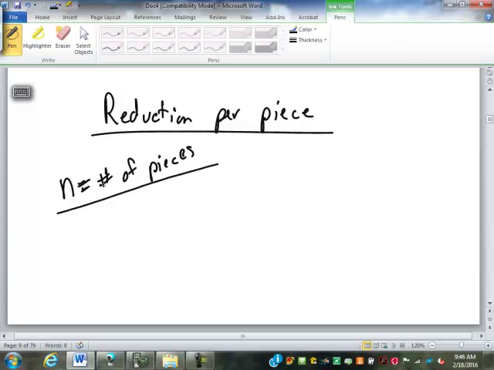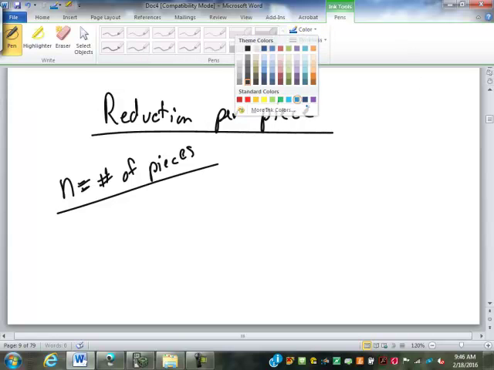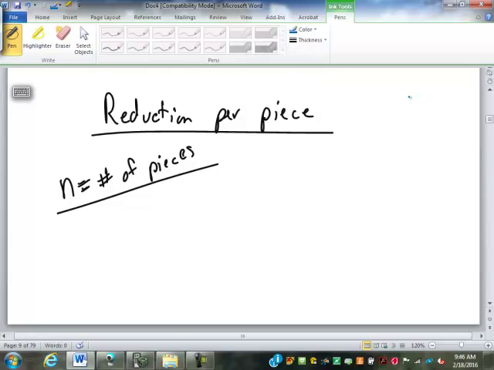Let n equal the number of pieces. So the amount that it reduces every piece is the saw kerf times n minus 1 over n. And this can be for anything, cutting wood, or pretty much cutting anything where the act of doing it removes material.